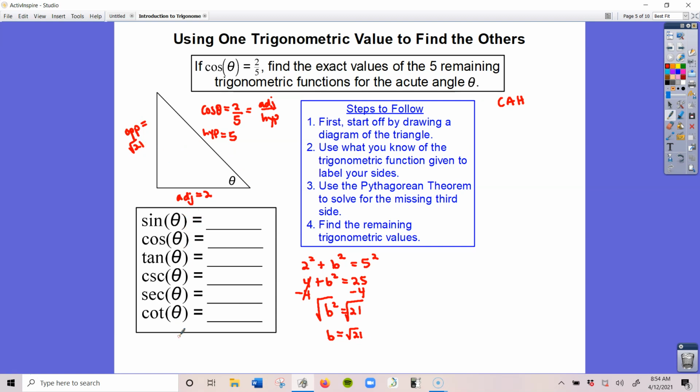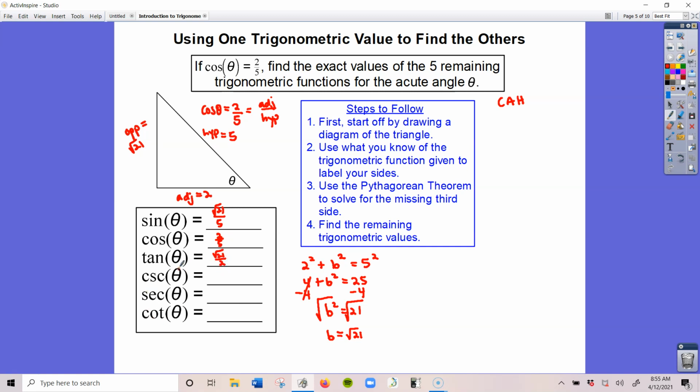Now we're ready to find all of these trigonometric ratios. Sine is opposite over hypotenuse, so square root of 21 over 5. Cosine is adjacent over the hypotenuse, so 2 over 5. Tangent is opposite over adjacent, so square root of 21 over 2.